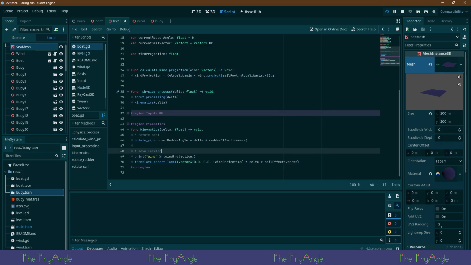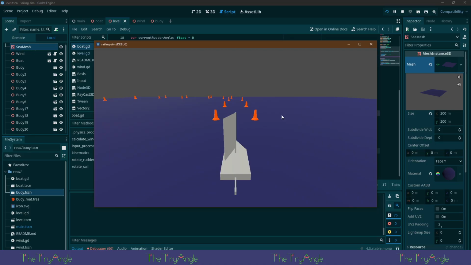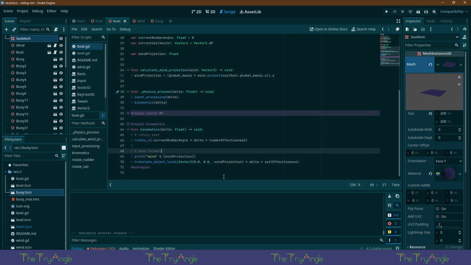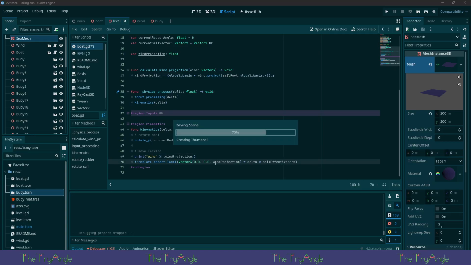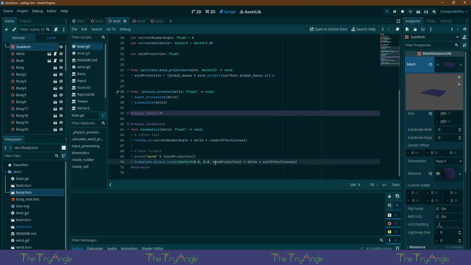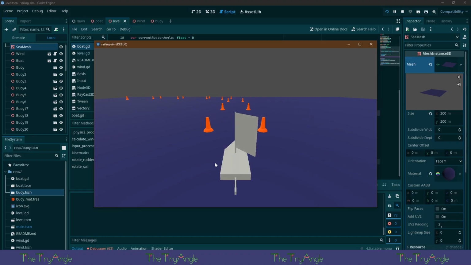Let's see. Backwards. Yep, all right. Should have known. All right, here we go. Okay, good. We're moving forward. And if we turn just a little bit, yeah, we should still move forward.